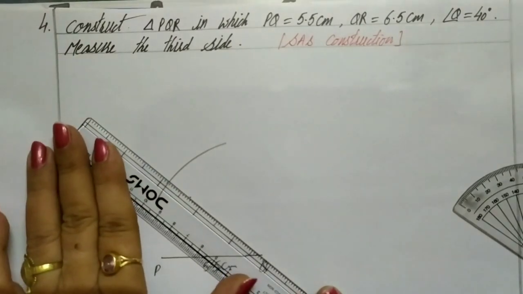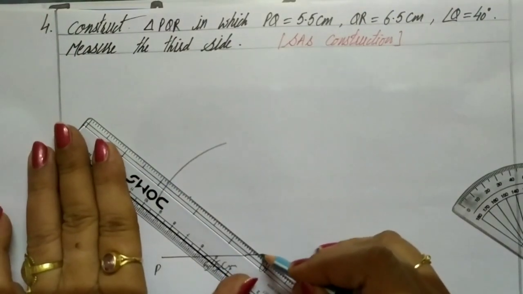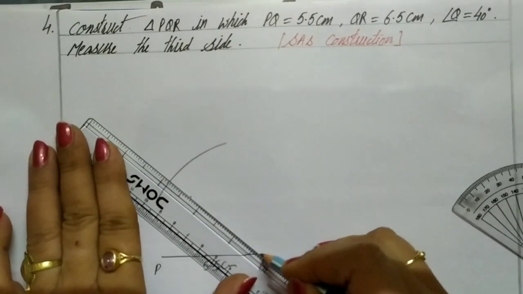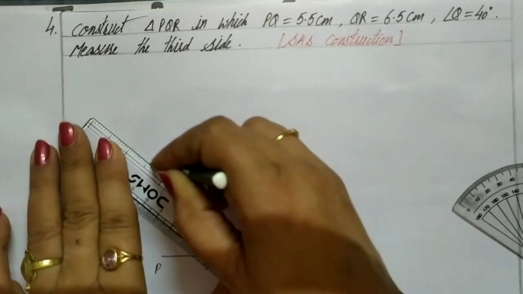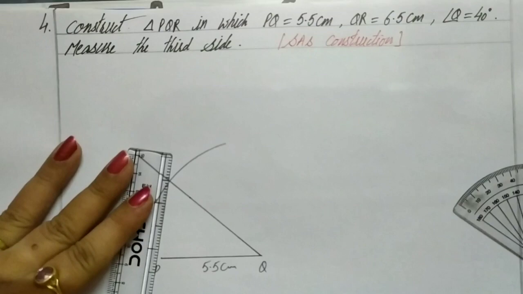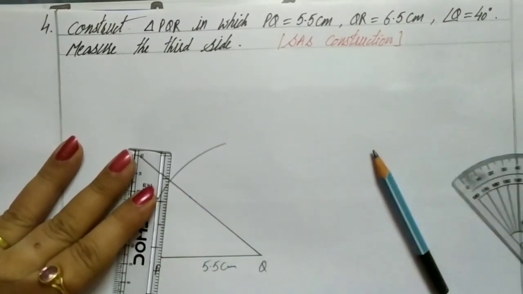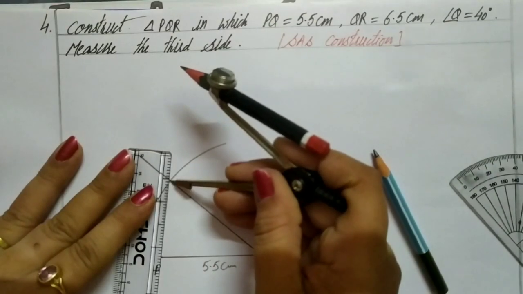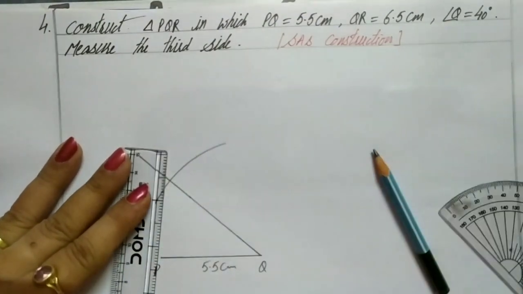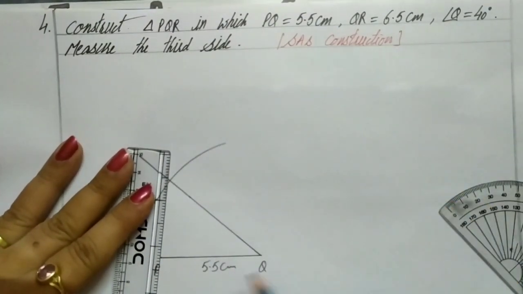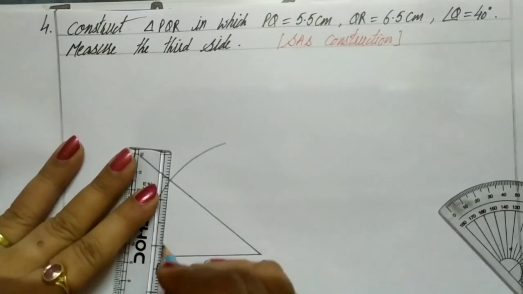Then again draw a line passing through this point starting with Q. Then join P with this point. Here again make a hole at the point of intersection. Then join P with this third point.